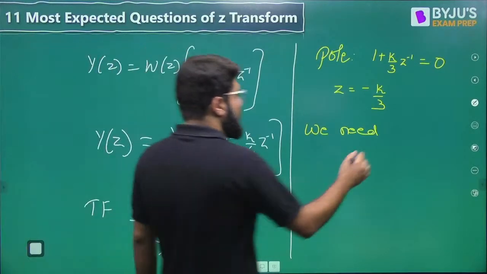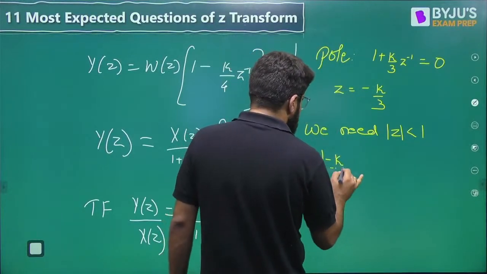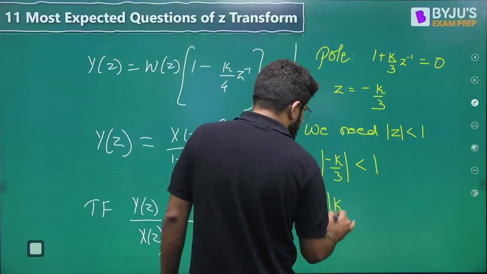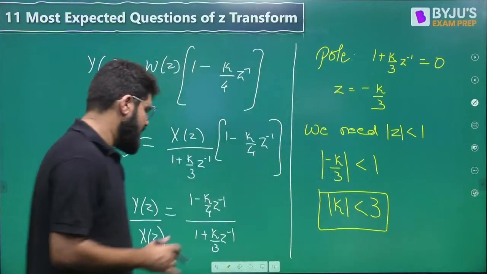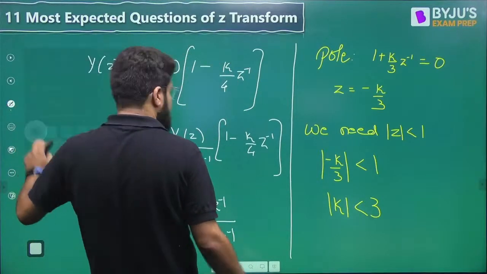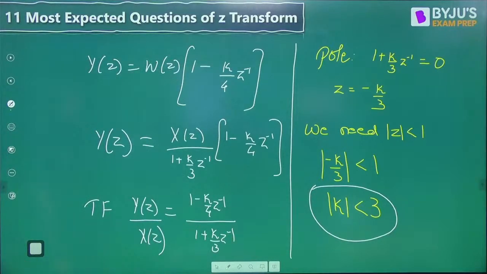So we need modulus of Z lesser than 1, modulus of minus K by 3 less than 1. Modulus of minus 1 is 1, so you are eventually left with mod K less than mod 3, and mod 3 is 3. Mod K less than 3 should be the answer for the question.